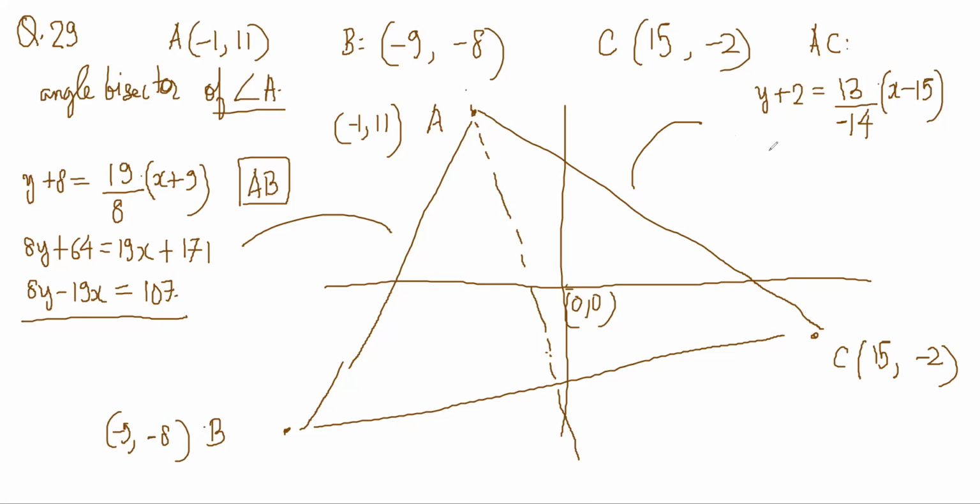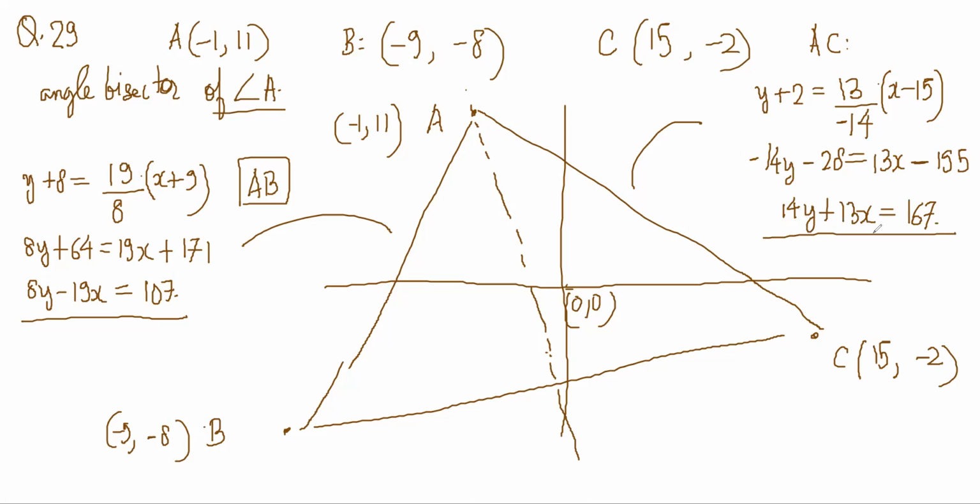So this becomes 14y plus 28 is equal to minus 13x plus 195, and this becomes 14y plus 13x is equal to 195 minus 28, this is 167. Okay, 14y plus 13x is 167.